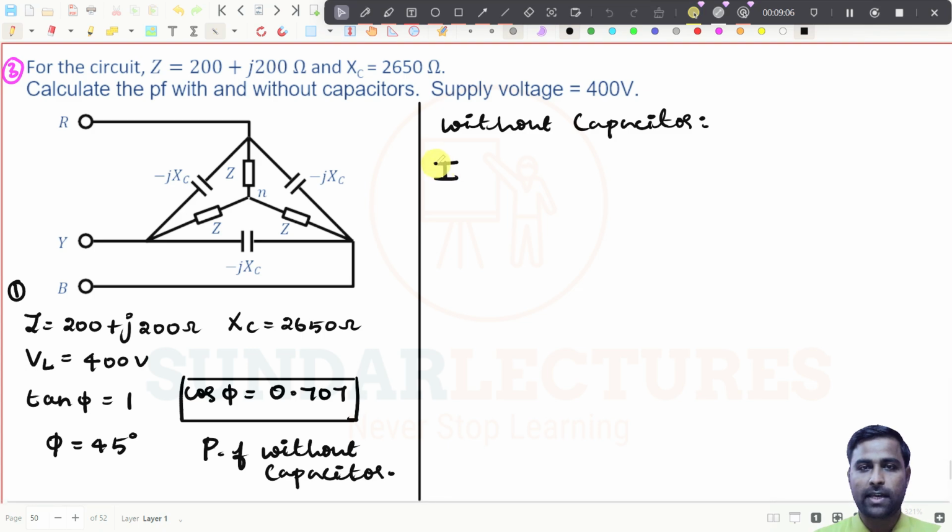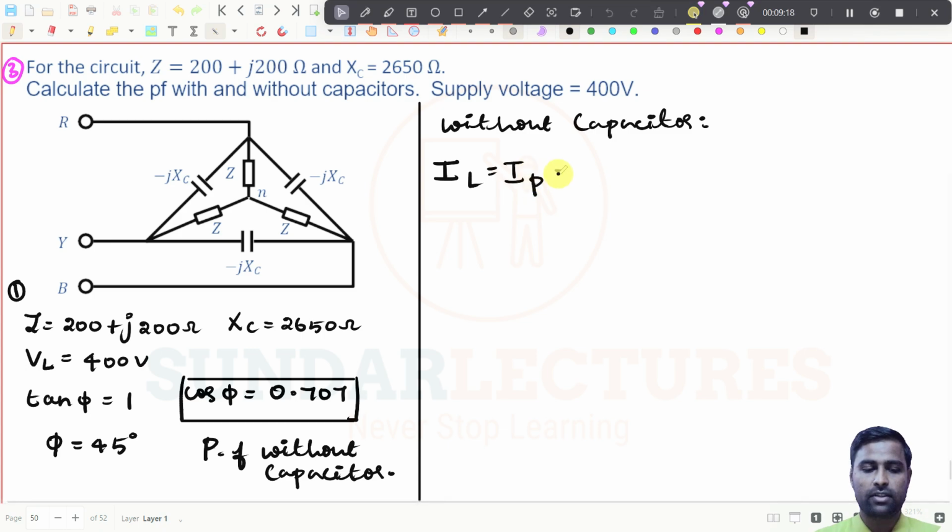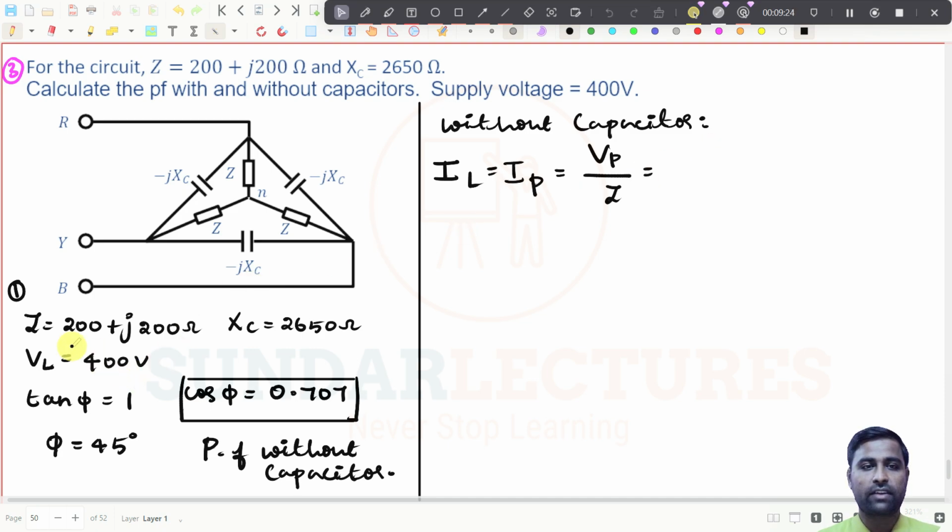What is IL, which is equal to I phase, because the capacitor is not connected, so it is a star connected balanced load. So I phase is equal to V phase divided by Ez. What is V phase here? They have given you VL, which is 400 divided by root 3, because you need the V phase in a star connected load.